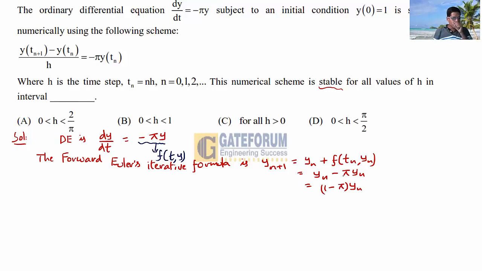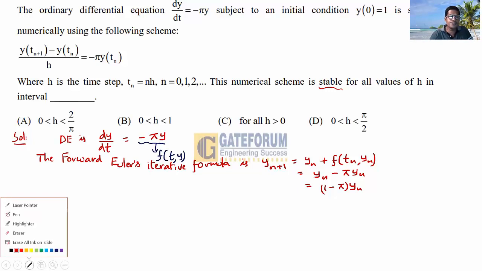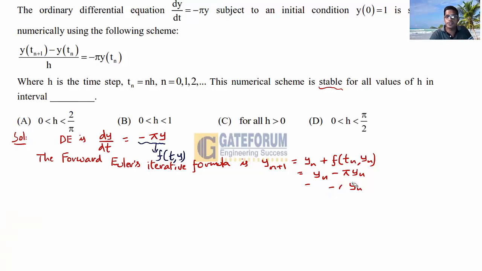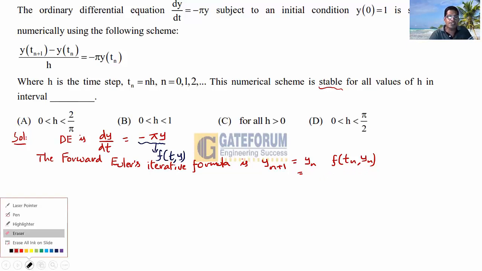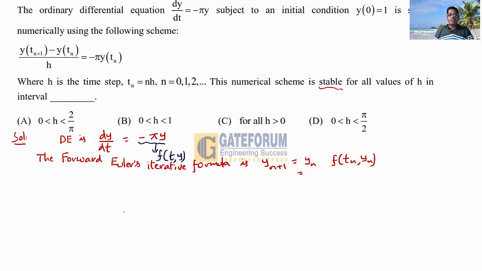Okay, so h is missing here; h times. Yi plus 1 is equal to yi plus h times f of xi comma yi, but in place of i, it is given in n notation.